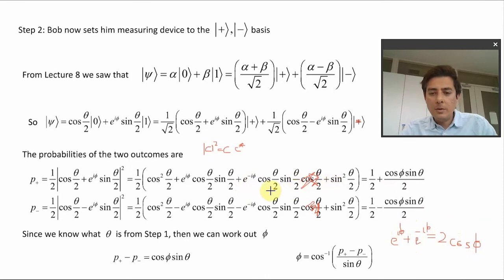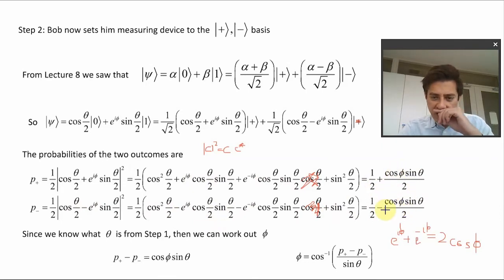So we've got the cosine of phi, and 2 sine theta over 2 cos theta over 2 just gives sine theta. We've got the factor of 2 here. Okay, so this one here is basically the same, but we've got minus signs here. And if you add together these two probabilities, they should always equal 1, right? Because probabilities always add to 1, so these two terms cancel out and give 1.